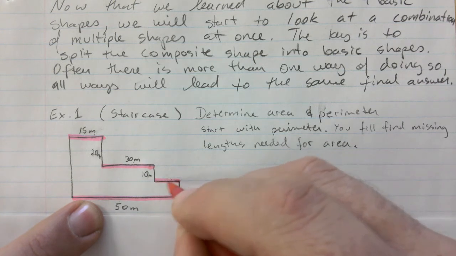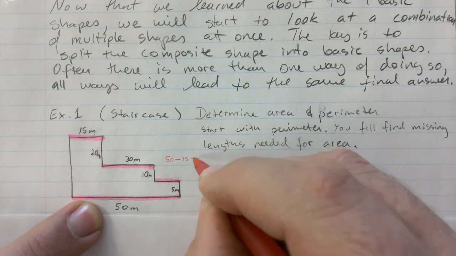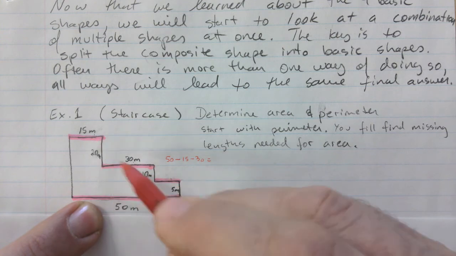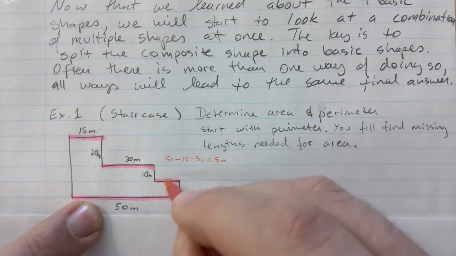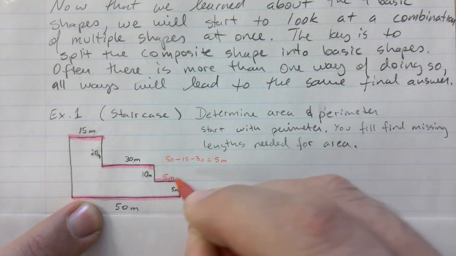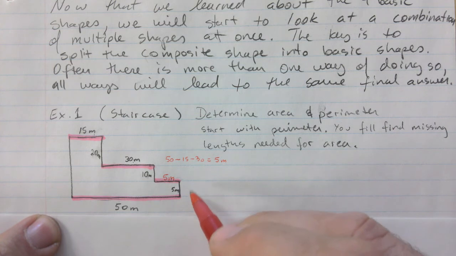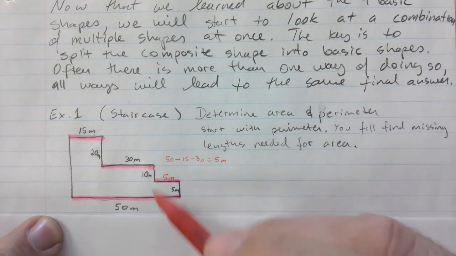So this piece right here must be 50 minus 15 minus the 30, right? If I take 50 and subtract these two, then I must be left with that, and that's 5 meters. So now I know this little sliver here. I've done the work there to get that. Now I know everything horizontally, top and bottom.